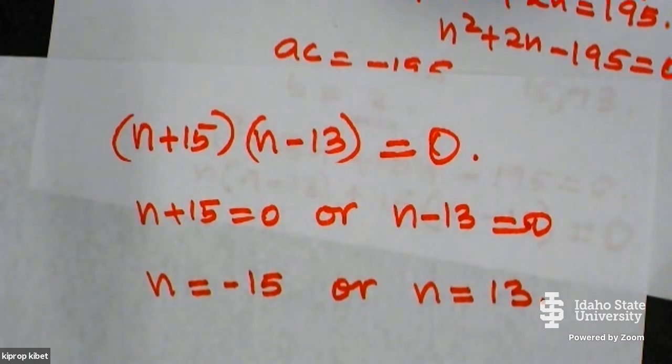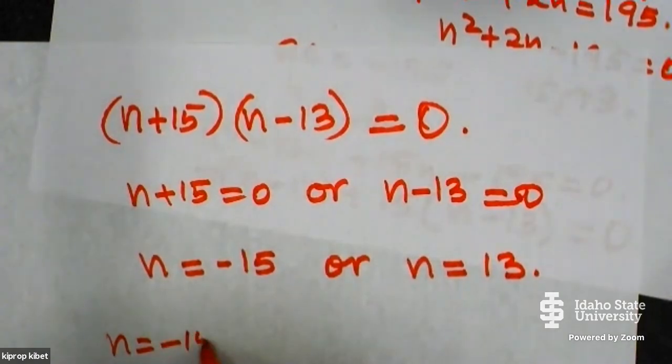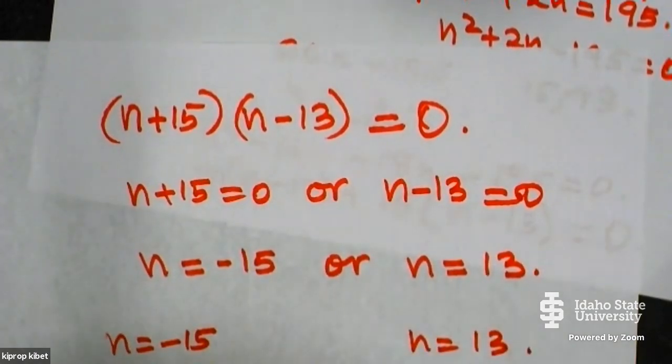They are not consecutive. The other one is on the negative side. The other one is on the positive side. So what is our next consecutive number? So when we have n equals to minus 15, and then we have n equals to 13. So what is our next consecutive number here?